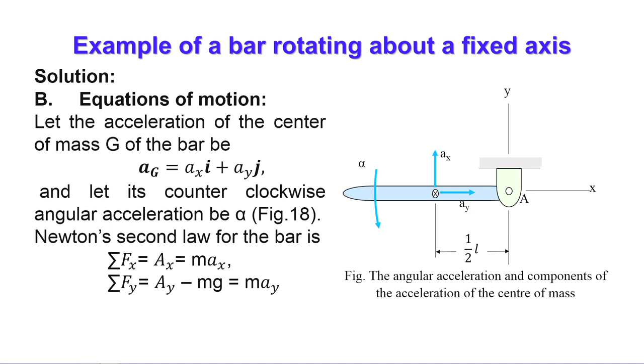Now, for all forces along the x axis, A x equals m a x, where a x is the acceleration of the bar. In the y direction, m a y equals A y minus m g.